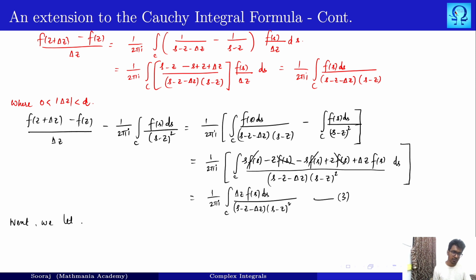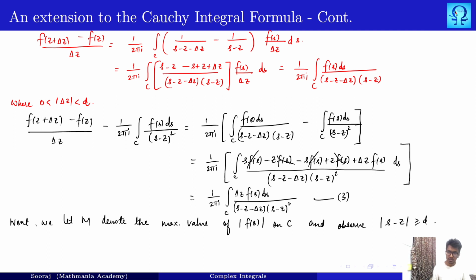Okay. Next, we let M denote the maximum value of absolute of f of s on C, and observe your distance absolute of s minus z is bigger than or equals d, and absolute of delta z is smaller than d.